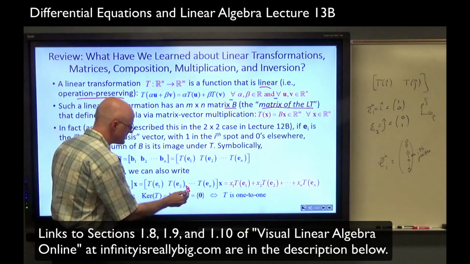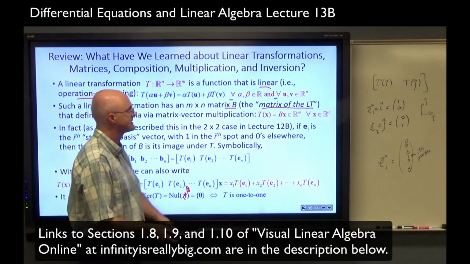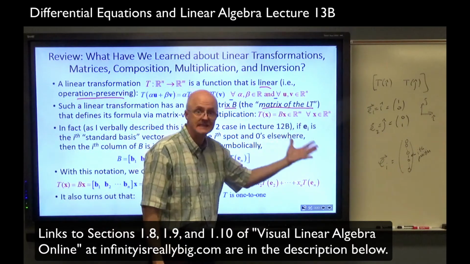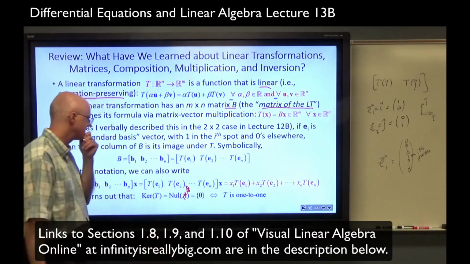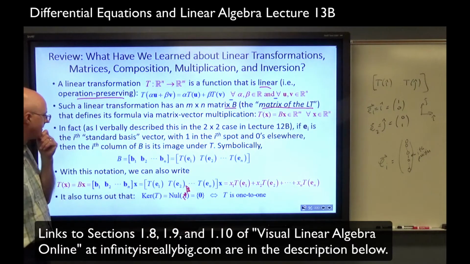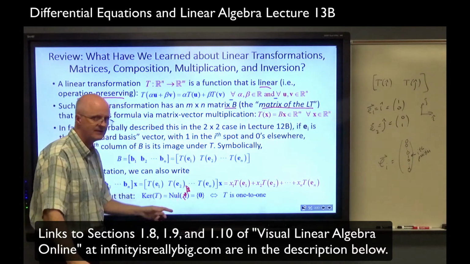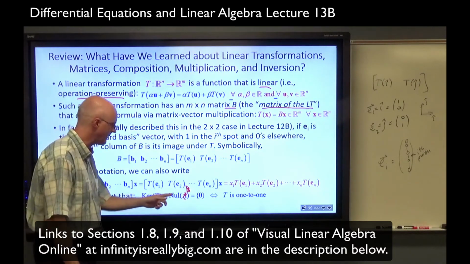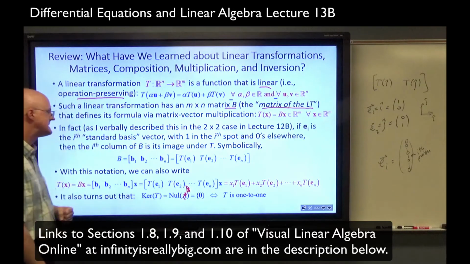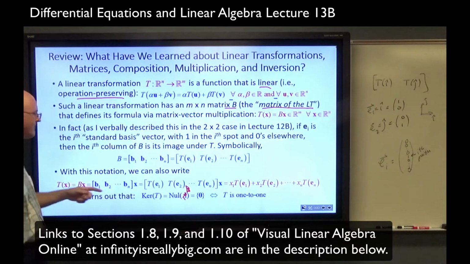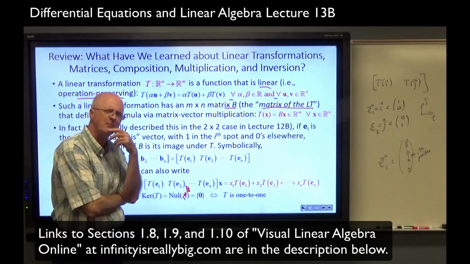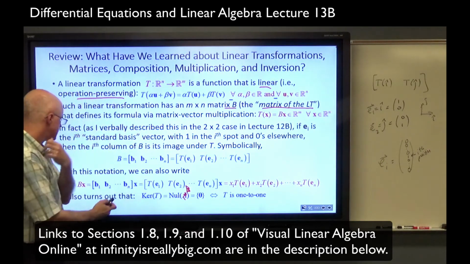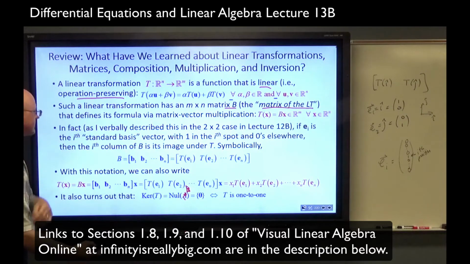That's the same as the null space of the matrix, the set of every x such that B times x is 0. Why null with one L? Just because it matches 3 letters there, and you could put 2 L's, but null space. I have mentioned this is equivalent to T being 1 to 1. I haven't proved that, but that is true. We will probably prove it sometime in the next few lectures.